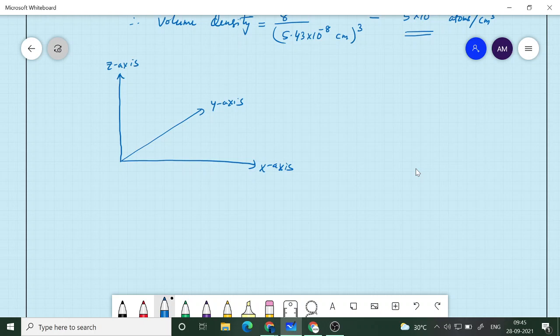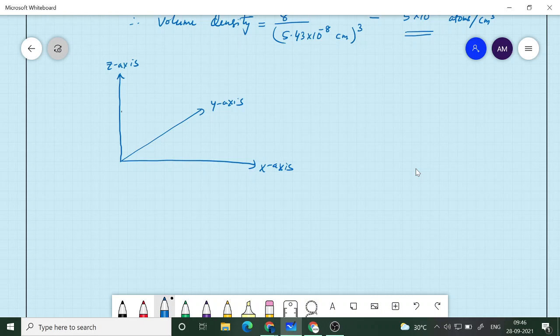So this is one way of drawing a right hand coordinate system. When you go from x to y, you curl all your 4 fingers from x to y, then your right hand thumb will be pointing in the z direction.